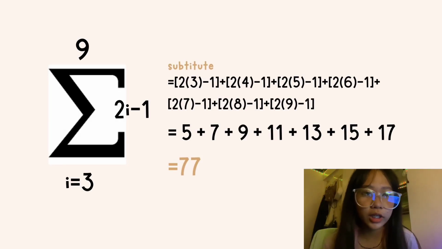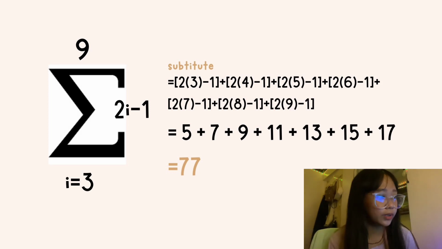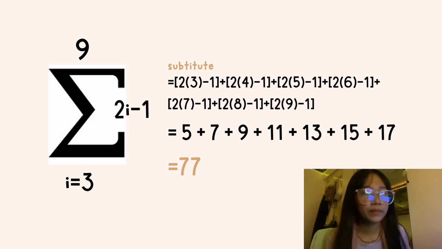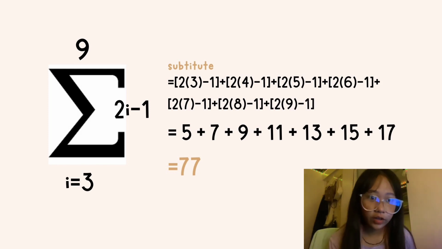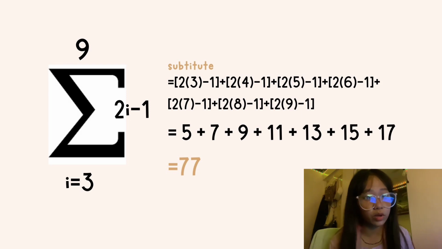Hello, I'm Jana Nicole Orong from STEM 11-1 and I will be giving you another 2 examples and I will also provide a step-by-step procedure for sigma notation. The first thing that we're going to do is identify the lower limit of the summation. In this case, the lower limit is i equals 3, which means that we will start the sum with i equals 3.